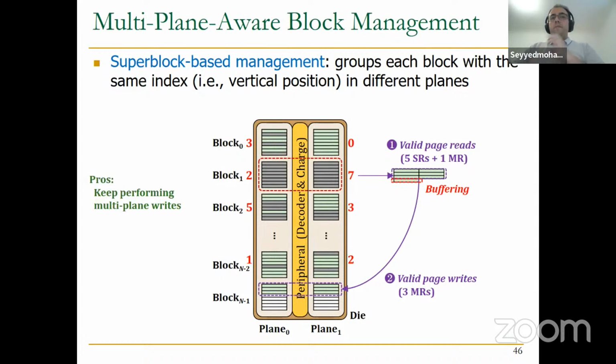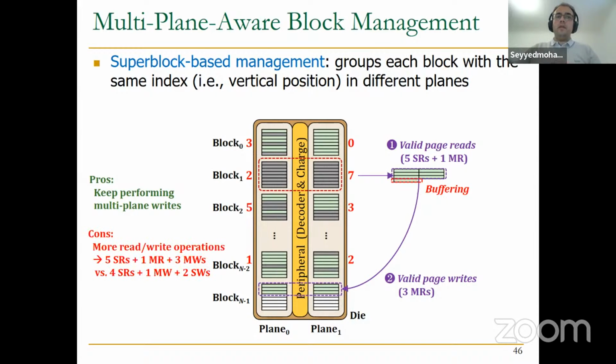The pro is that it keeps performing multiplane writes, but sometimes it can actually increase the number of read and write operations. In this example, previously we had 5 single reads, 1 multiplane read, and 3 multiplane writes, but now we have 4 single plane reads, 1 multiplane write, and 2 single writes.